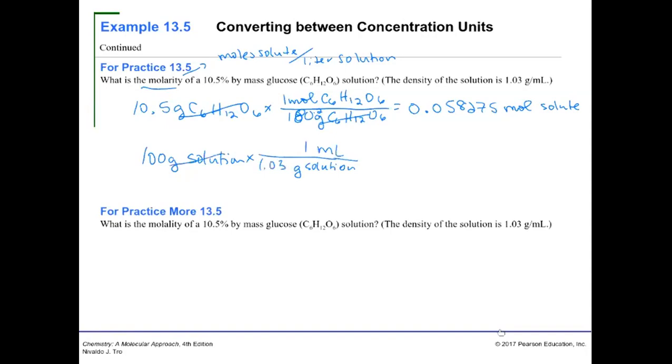So that lets our gram solution cancel and gives us 97.087. Again, keeping a couple extra digits, milliliters. But molarity has to be per liter, not per milliliter. So we can go ahead and move our decimal. Go ahead and round a little bit now. Liters of our solution.